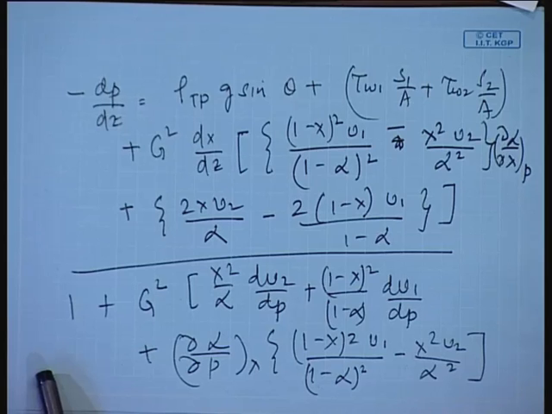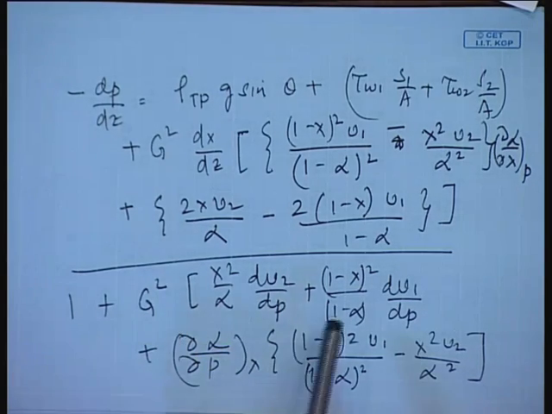And from suitable modifications or simplifications of this expression, we should be in a position to arrive at the condition of choking from the two fluid model, which is applicable for separated flow situations. So, now I am going to deduce the condition of choking from the two fluid model considering the mixture momentum equation.